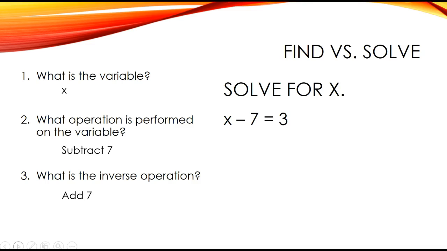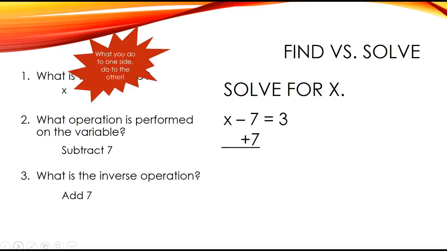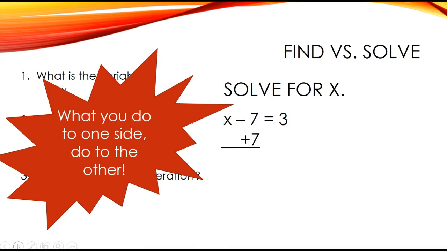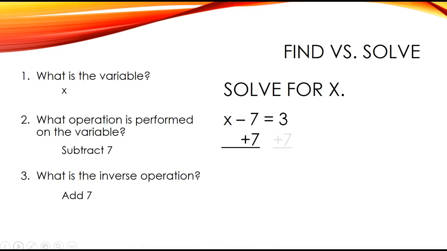So add 7 is how I'm going to solve for x. I'm going to add 7 to the left side of the equation and also to the right-hand side of the equation. When I combine my like terms on both sides, we get x equals 10. And that is how you algebraically solve for x.